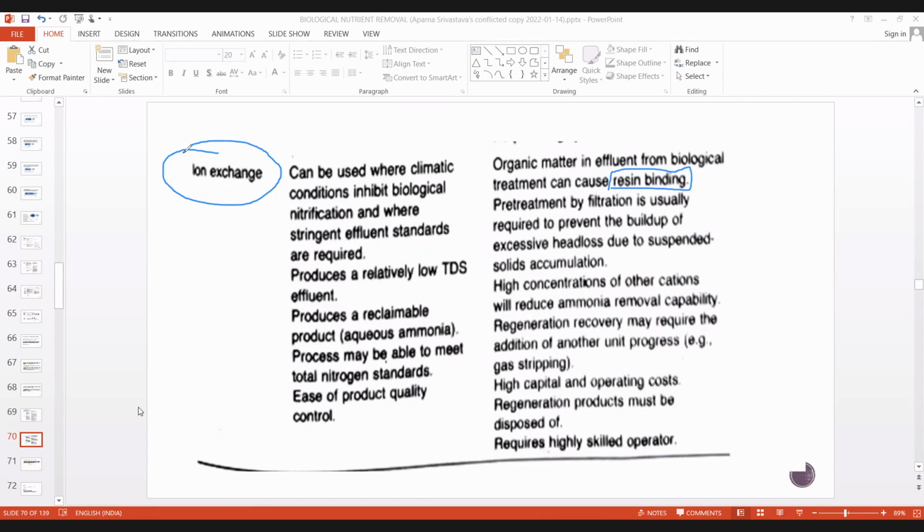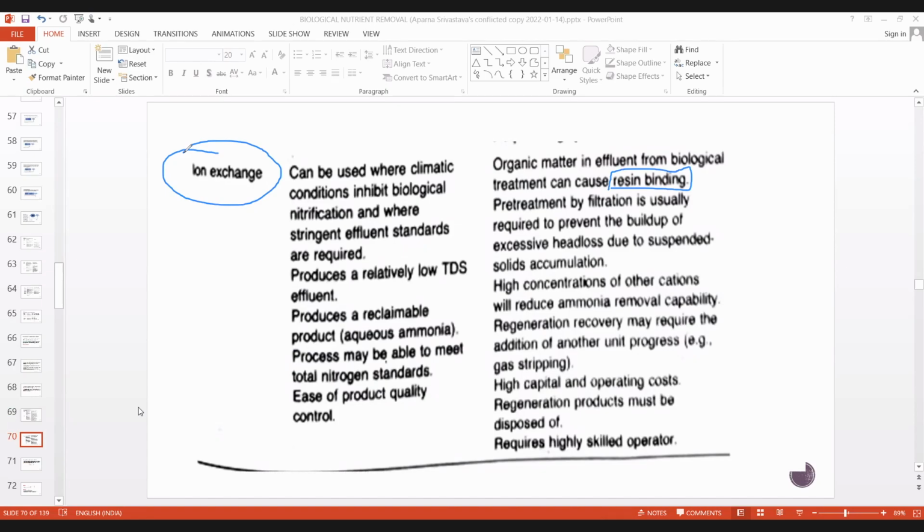If suppose I want to remove cadmium from the water, we can design a resin where cadmium is going to exchange and it can be easily removed. A very cost effective and very good thing.